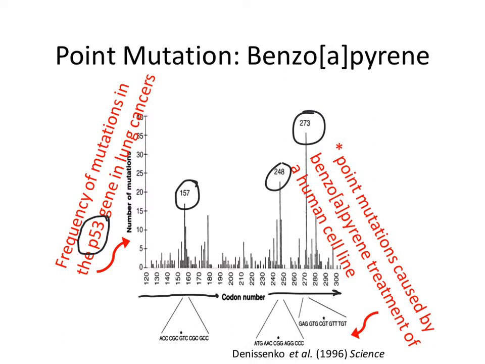So exactly, this is correlation between where a mutation happens when you get cancer. So it's like these three amino acids are important in developing or preventing cancer, depending on which way you look at it.